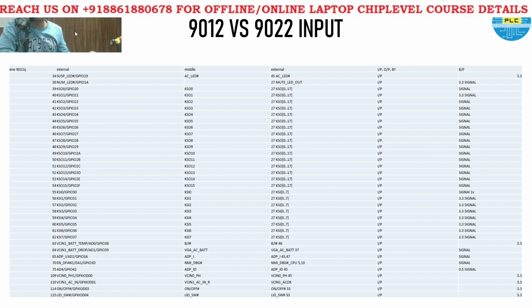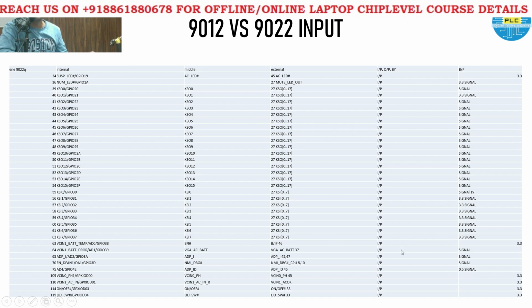And in 9022 you get some signals where KSO is the keyboard output side, KSO 0 to 15.